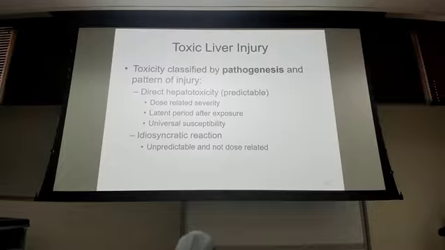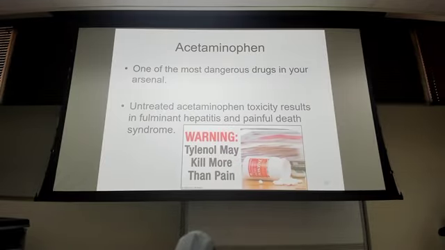These we know are predictable based on the damage they'll cause in most people in a certain amount of time based on how much they took. And in general, universally, it's going to affect everyone the same way. Maybe a difference in age or weight, but in general, we know what's happening with this drug or whatever we're ingesting that can cause toxic liver injury. Versus idiosyncratic, we don't know. Could be anywhere. You could be fine, you could be dead in 5 minutes. You can't predict what's going to happen.